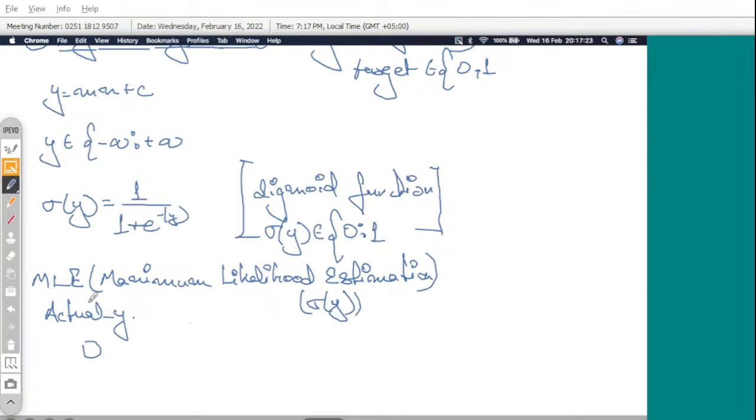Let's suppose actual y is 0, it could be 1. For this, likelihood means the chances of getting 0 will be 1 minus sigmoid of y, and for 1 this will be sigmoid of y.